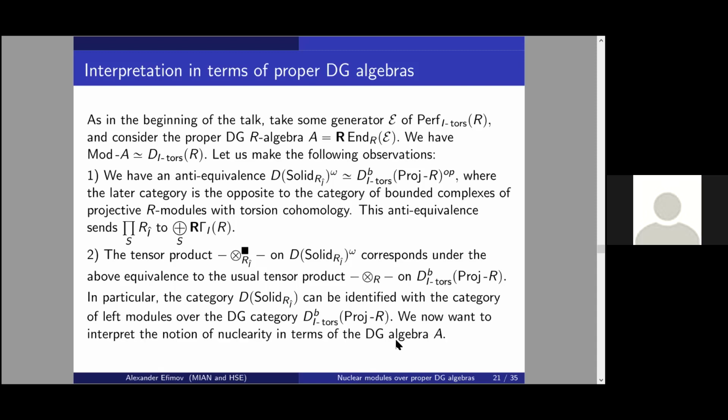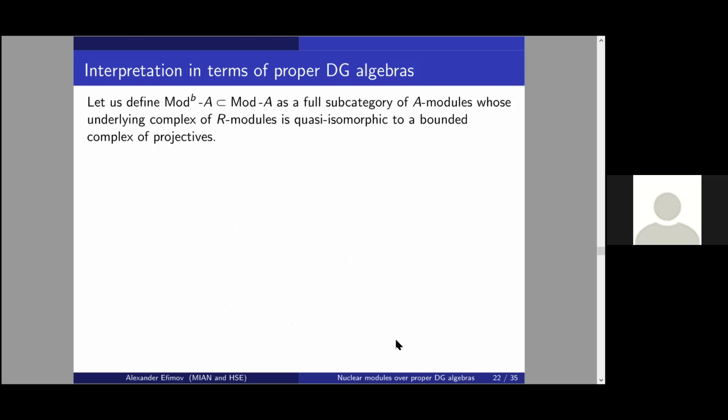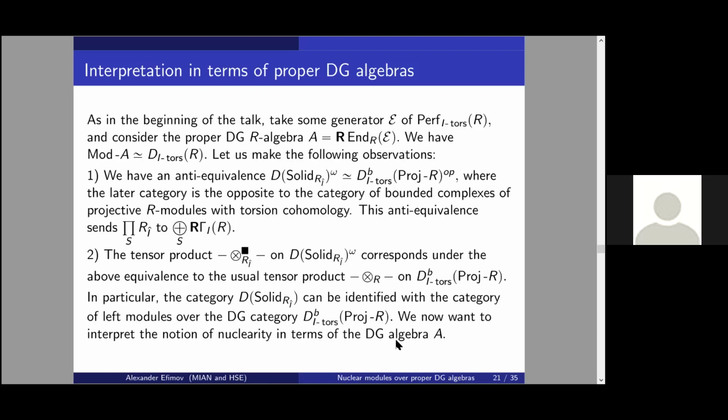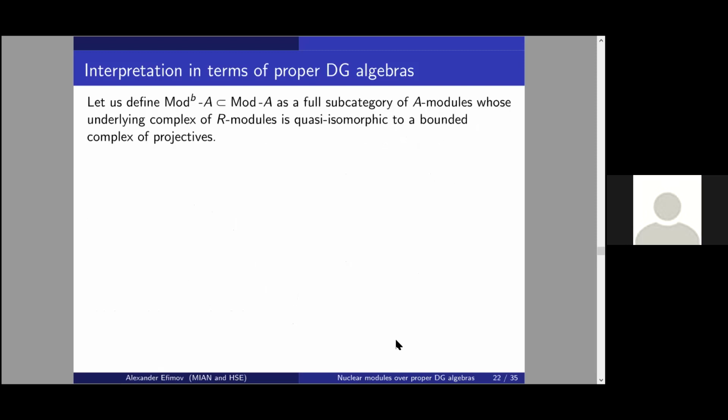And we now want to interpret the notion of nuclearity in terms of the DG algebra A. So I will give the answer, but to figure out that this answer indeed describes nuclear modules, it's some kind of direct computation, which I will leave to the interested listeners.